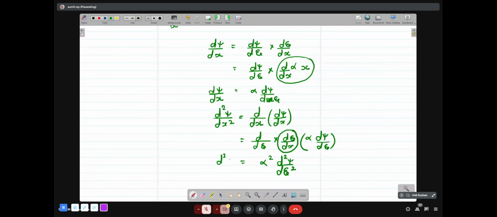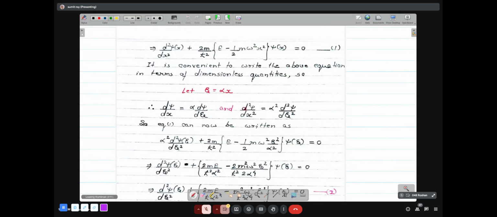This is the value of d2 psi by dx square. बीच का स्टेप्स थोड़ा थोड़ा हटाया हुआ है. d2 psi by dx square is alpha square d2 psi by d zeta square. We have calculated this one, this one, this one. For this I will substitute this one. So substituting this one, you see, इसके जगह पर ई वाला टर्म लिख दिया.